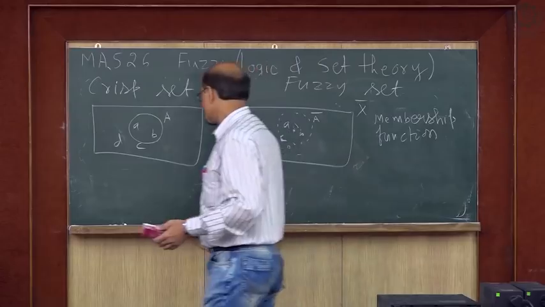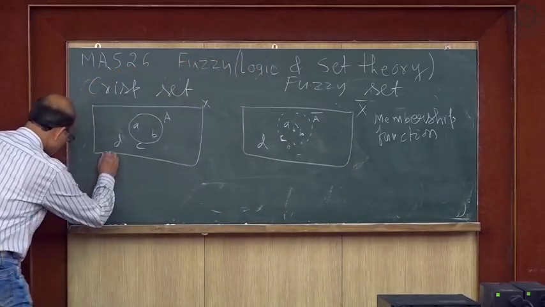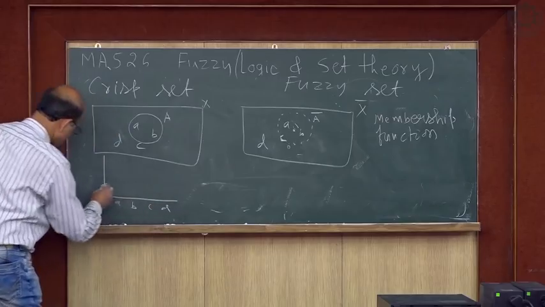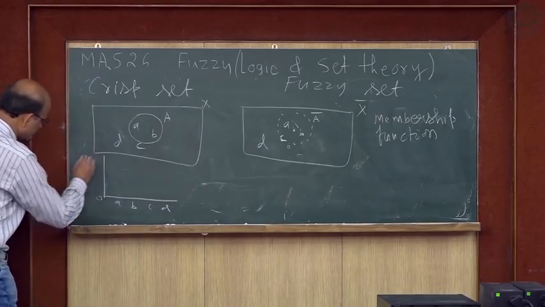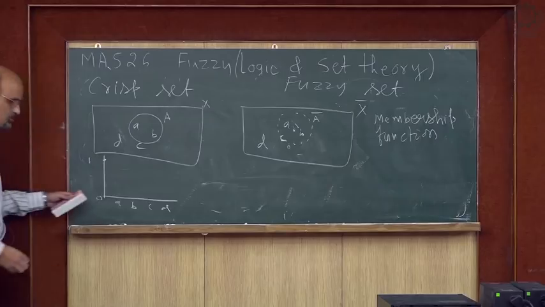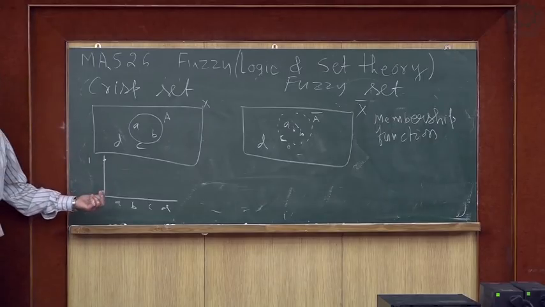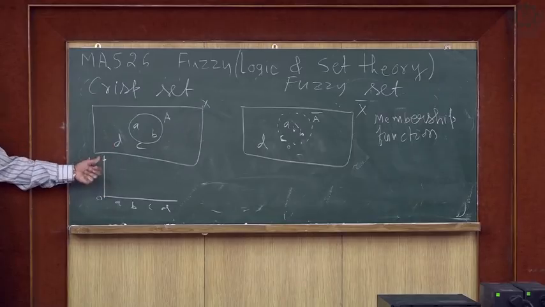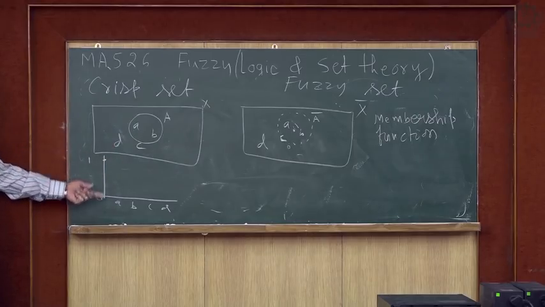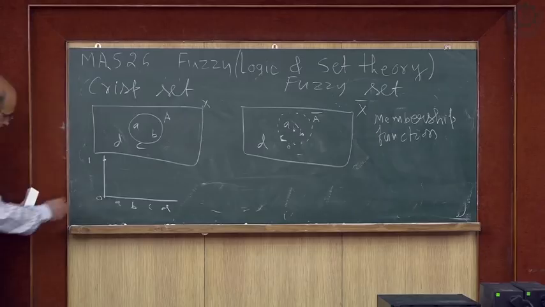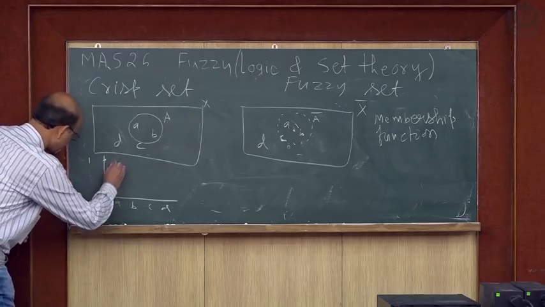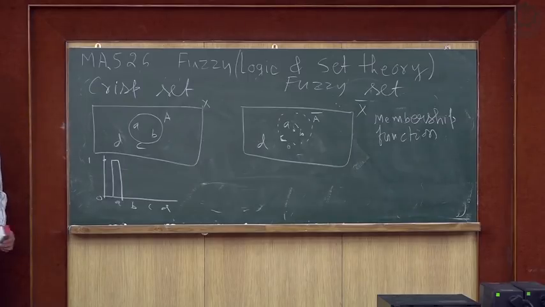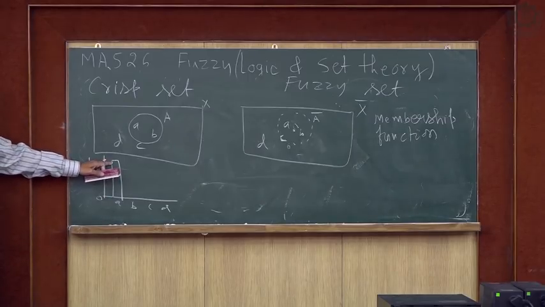Now, if I plot this, here A, B, C, D. This is 0, this is 1, because in a crisp set you have only 2 values, 2 answers, 0 or 1, yes or no. This is yes, this is no. So, if I take A, suppose this is a set or an element, I can have this as A, because this is 1.